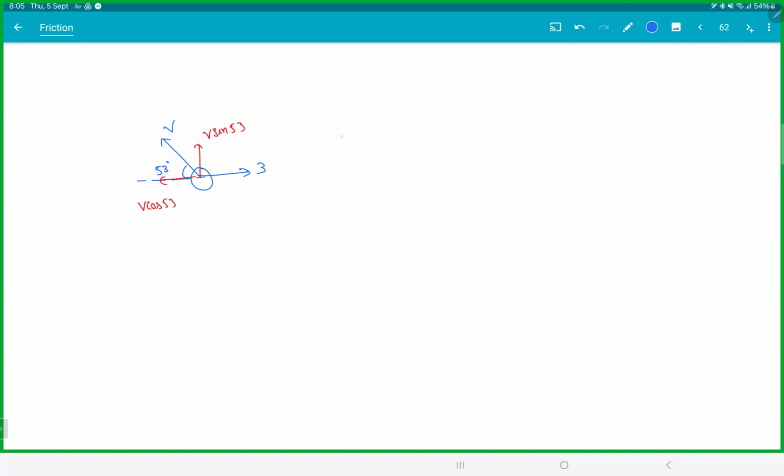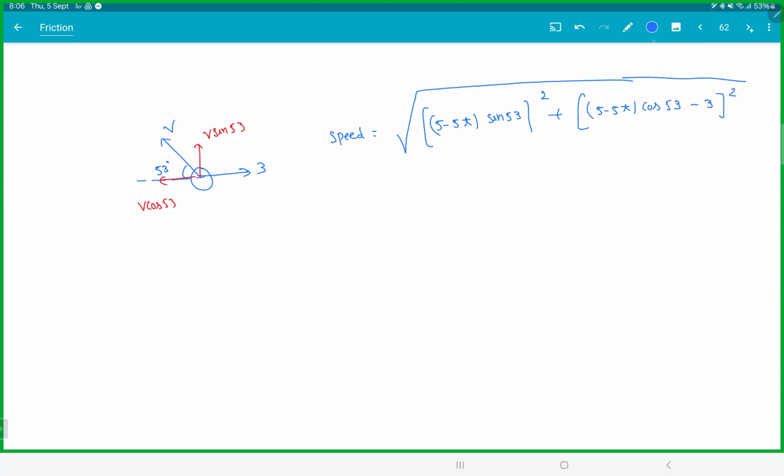So when I take the speed here, this will be root over V sin 53, that is 5 minus 5t, whole squared, plus 5 minus 5t cos 53 minus 3 whole squared. Did you notice something? Both are variables. In both the things, there is a time.